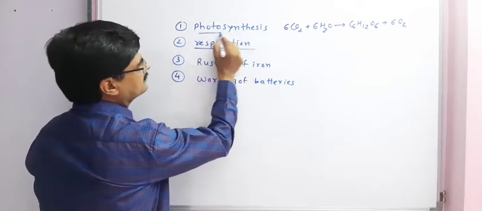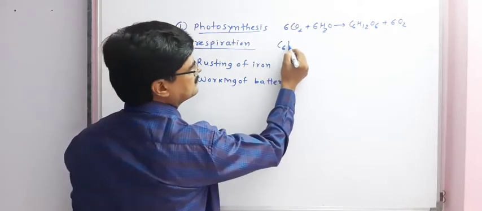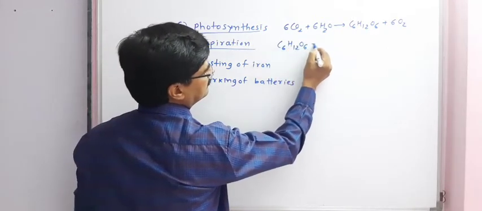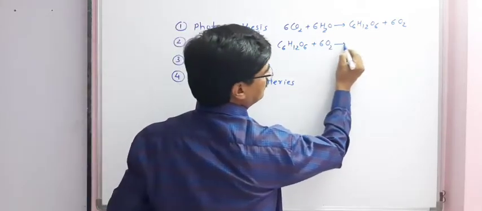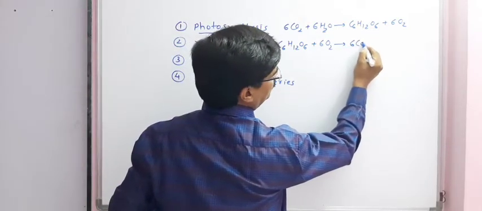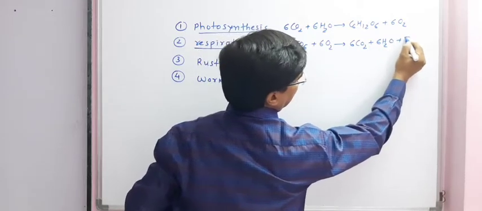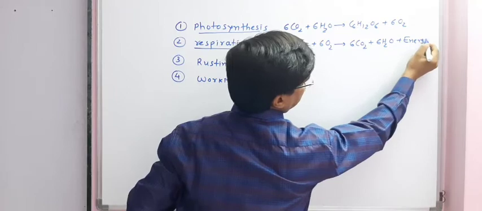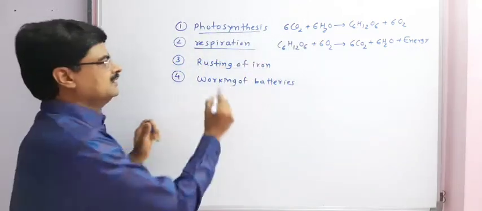Respiration reaction, in which glucose is combining with 6 moles of O2 gives 6CO2 plus 6H2O and energy is liberated. This is also a type of redox reaction.